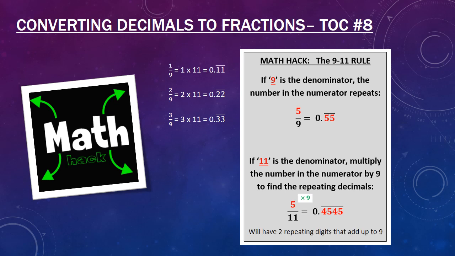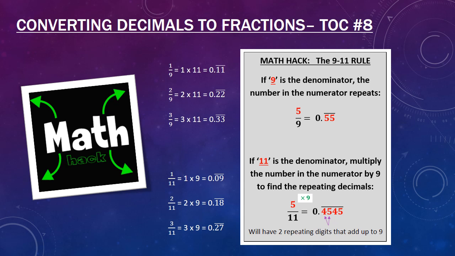Just so you know, you'll always have 2 repeating digits with 11, and those 2 always add up to 9. So 4 plus 5 gives you 9, and so on. I'll show you some more examples. If I have 1 over 11, this is the only one that gets a little tricky. 1 times 9 is just 9, but it's not 0.999. You have to make it 2 digits that add up to 9, so it's 09, 090909.